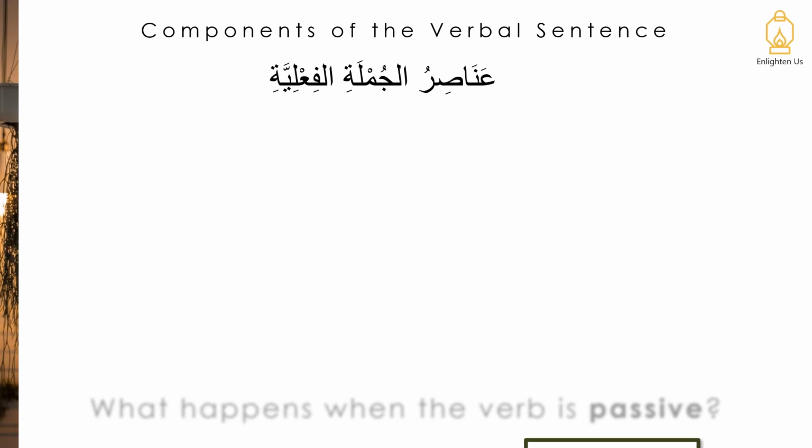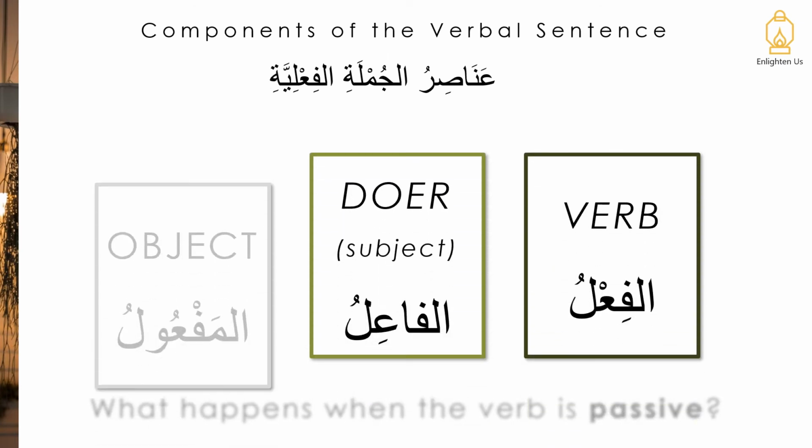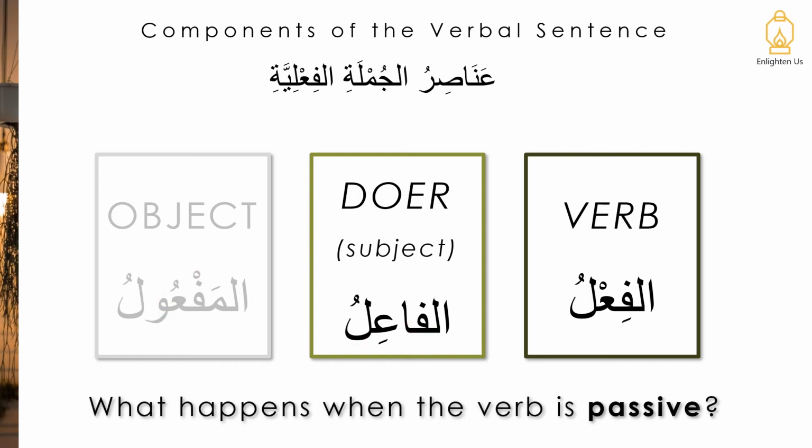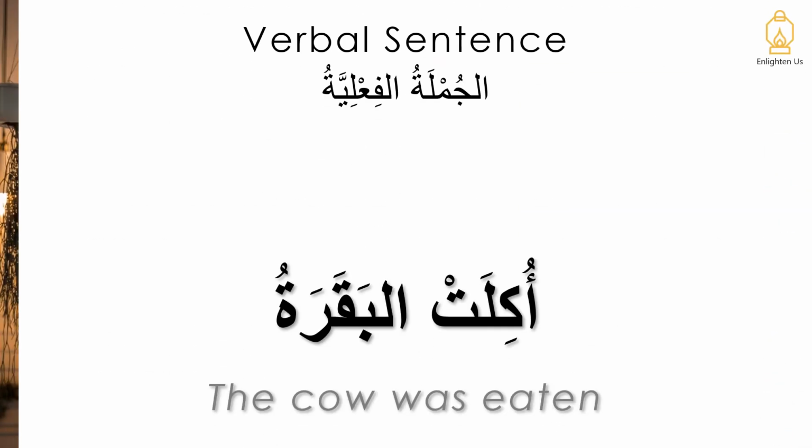Now, when we talked about the components of the verbal sentence, we said there were three. We said we have the verb, the fi'l, the doer, the fa'il, and sometimes the object, the maf'ul. But what happens when the verb is passive? Take the sentence we've seen before, ukilat al-baqaratu, the cow was eaten.